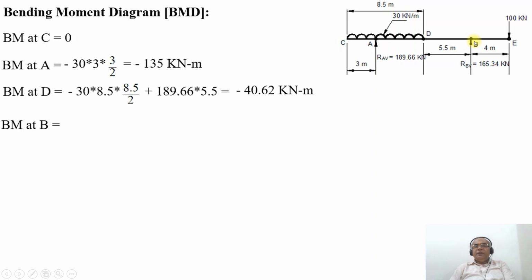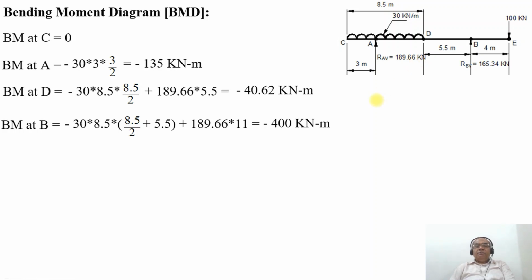BM at the point B will be equal to minus 30 into 8.5 into (8.5 by 2 plus 5.5) plus 189.66 into 11, which is equal to minus 400 kilonewton meter.